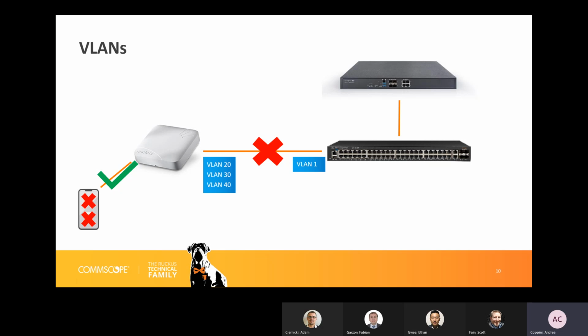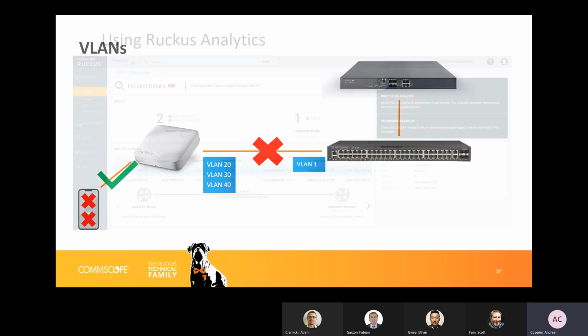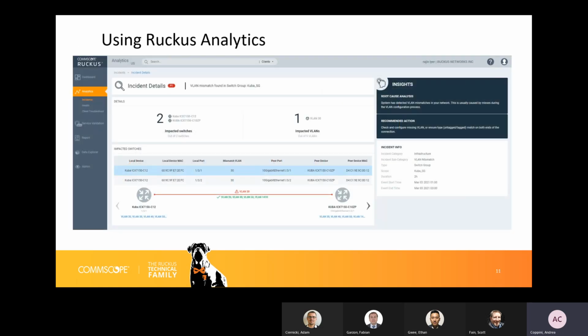Obviously, the way to prevent this is to make sure that your switch configuration is correct and all your VLANs are configured correctly. But again, in Ruckus Analytics, this is one of the tests that Analytics does continuously.